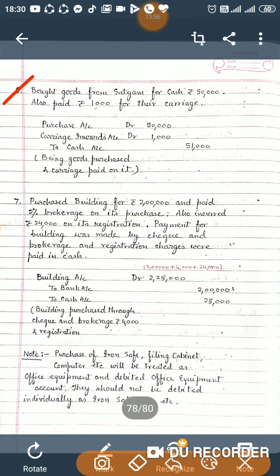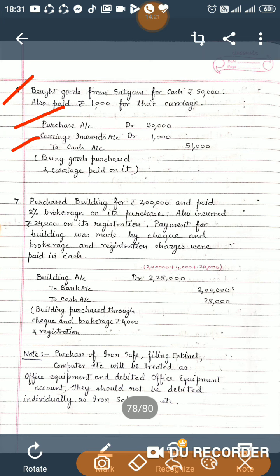So goods purchase is an expense for the business. Increase in expense should be debited, so purchase account will be debited. Carriage inward: we have paid 1,000 for carriage because carriage was paid for purchasing goods and bringing that goods up to your business house. That's why this carriage is written as carriage inward.